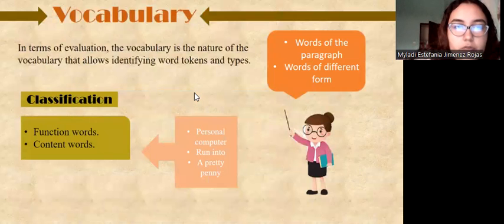In terms of assessment, the vocabulary can also be identified by word tokens and types. The tokens are all the words in the paragraph. Types, on the other hand, don't count repeated words, only words that are different. With the vocabulary, they can also be classified into word functions.